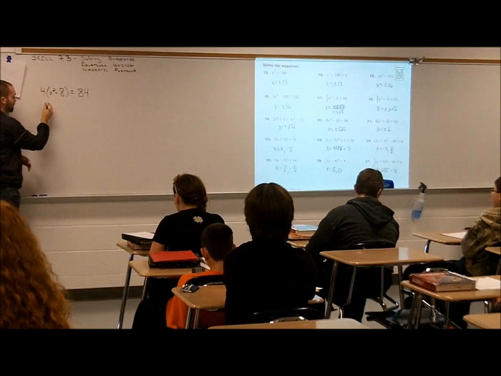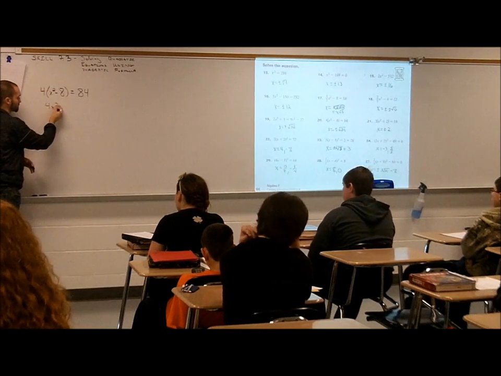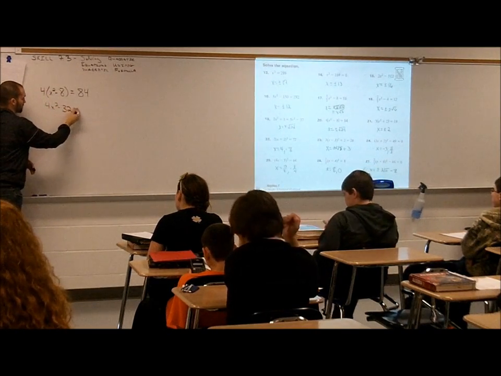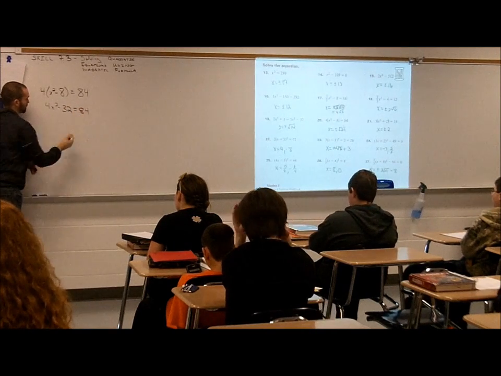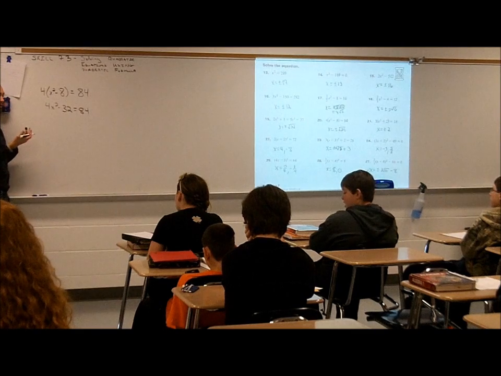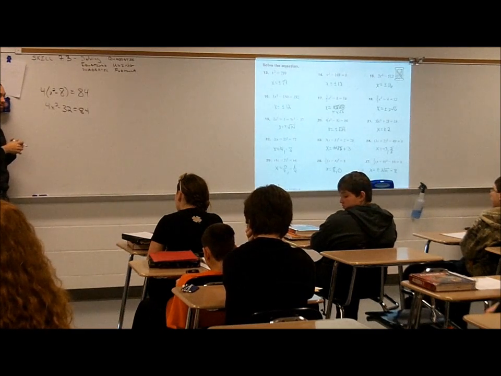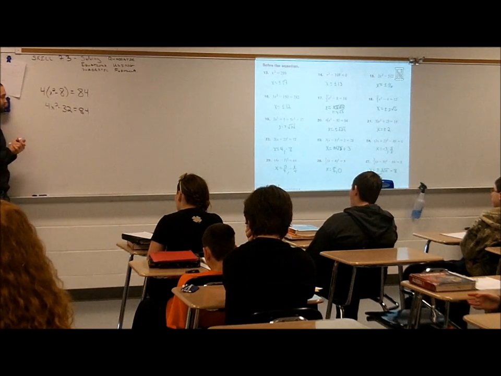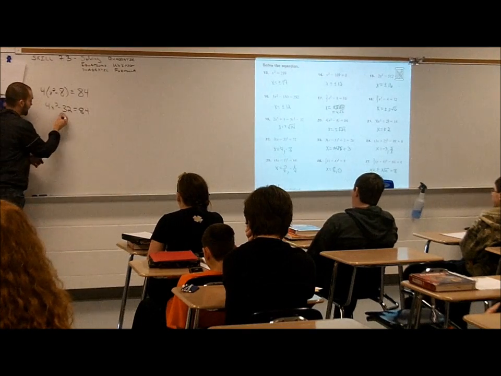Okay, we distribute. We get 4x squared minus 32 equals 84. Now the parentheses are gone. Where do we go from here? Matthew, what would we do next? Add 32.